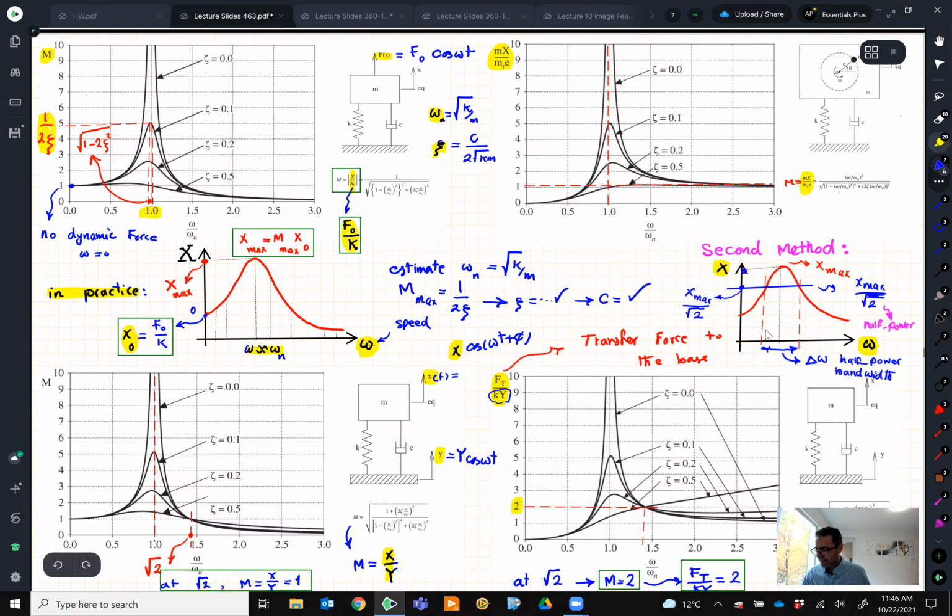And this is a range that we recommend you should avoid, these half power bandwidths. And as a quick formula, rather than going through all these 1/2 zeta, people found that you can estimate your damping by just dividing this delta omega over 2 omega n.